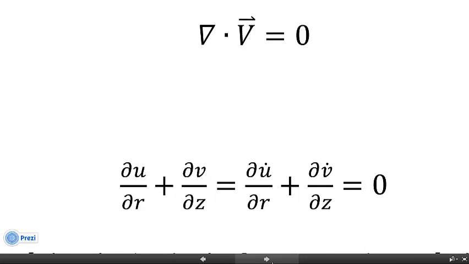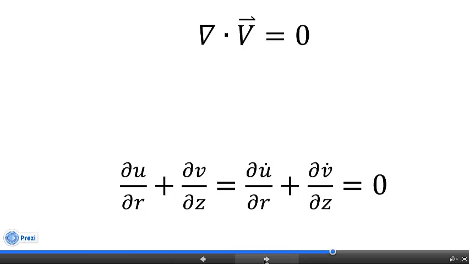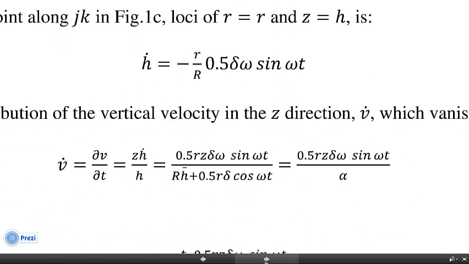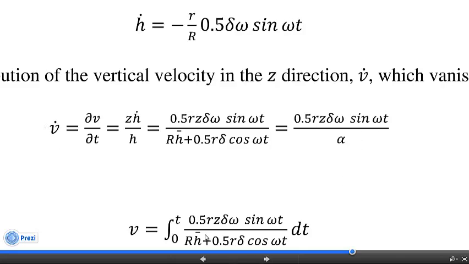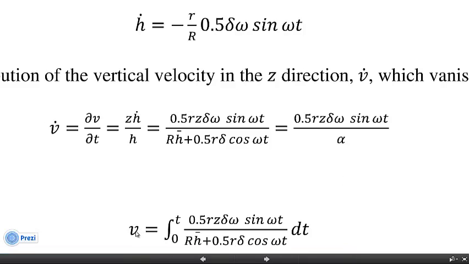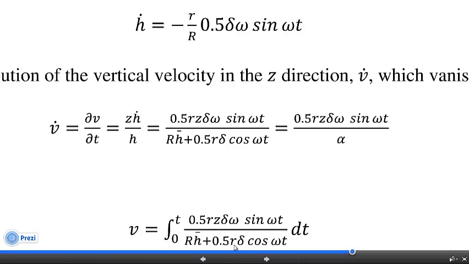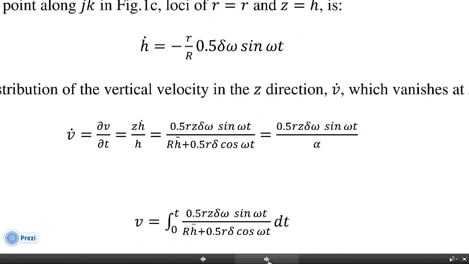In mathematical terms, that's what we write when the divergence vanishes. And since we had the description of h with respect to time, we can simply find its rate, and then we find the first velocity component in this representative window, and also we can work out the displacement. This is the axial displacement.